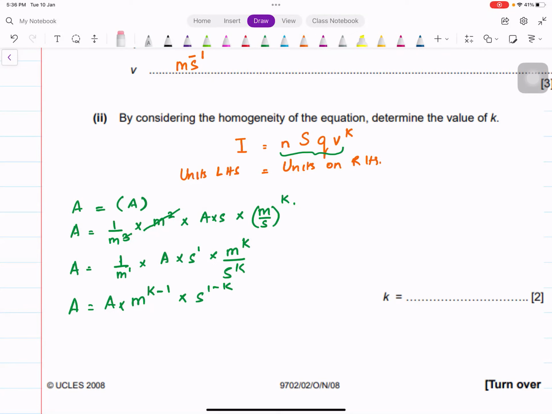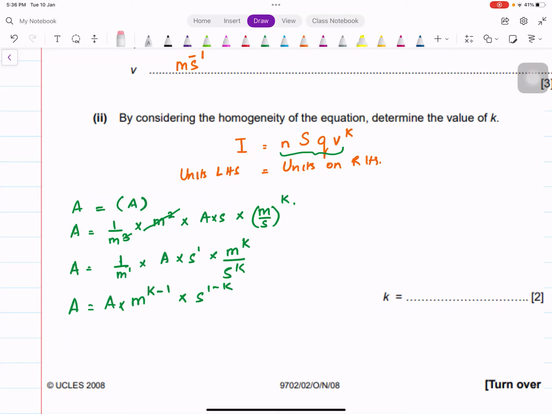All right, now. So speaking of this then, if you realize this, you see on the other side, there is nothing as m or s, isn't so? So this equation is not homogeneous.